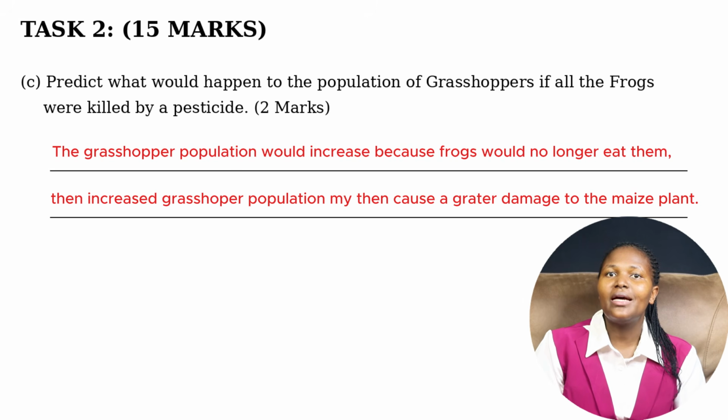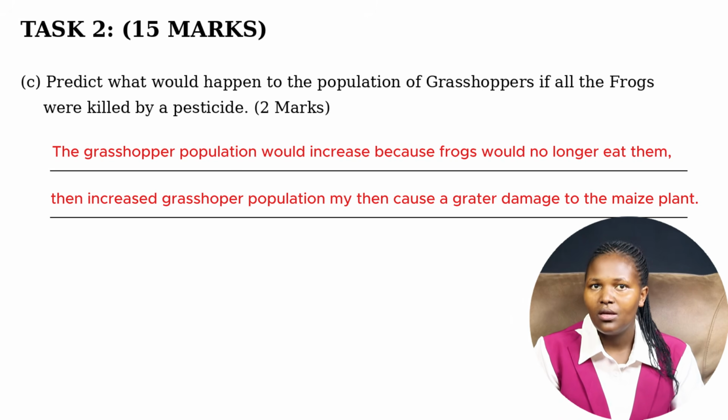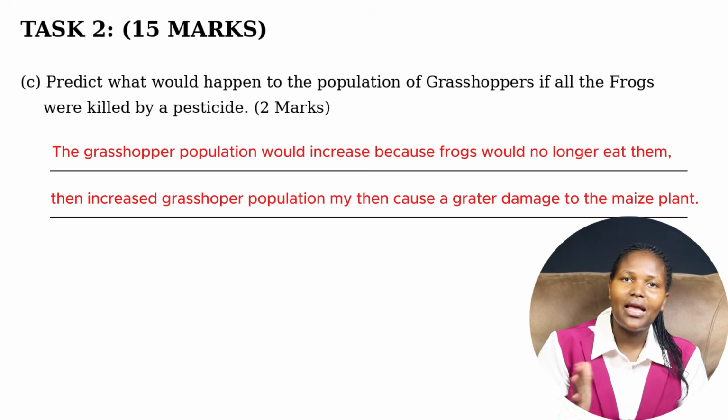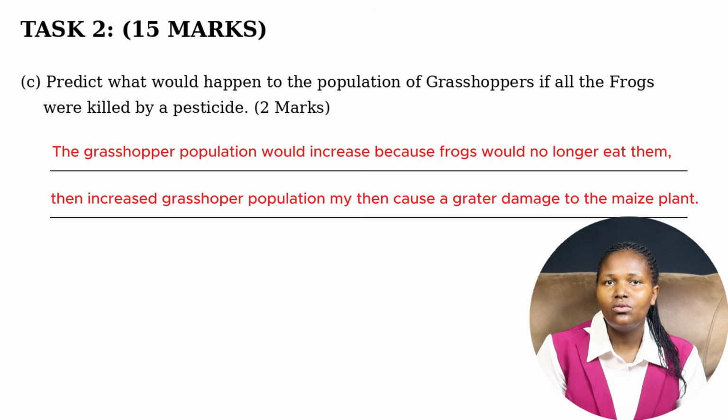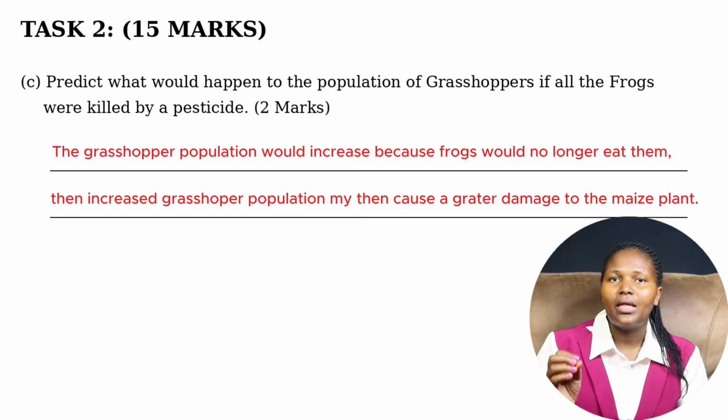So always remember that fewer predators leads to more prey, you see. So whatever is eating the other, if it is reduced, that means that the prey is going to increase. Why? Because the predator has been reduced.